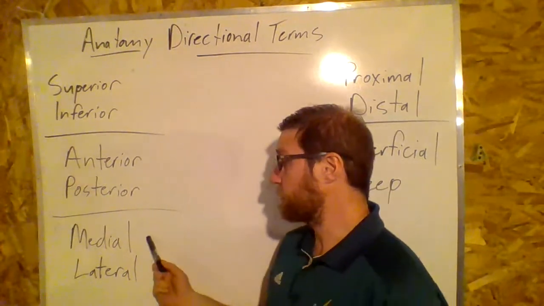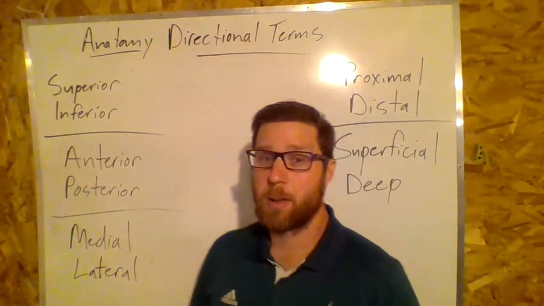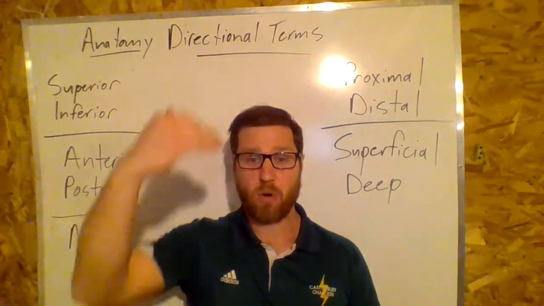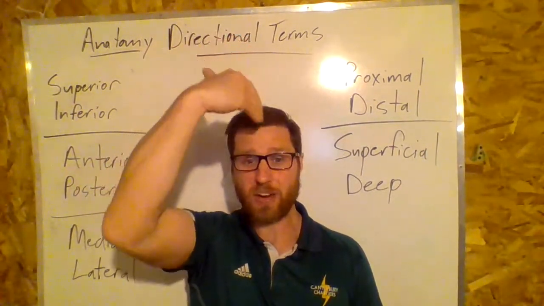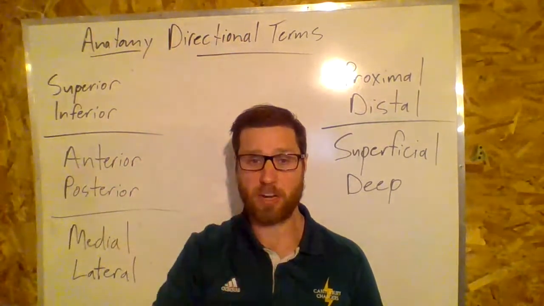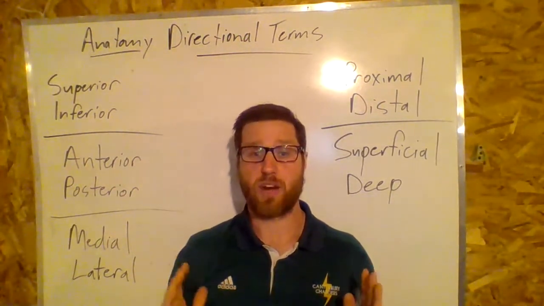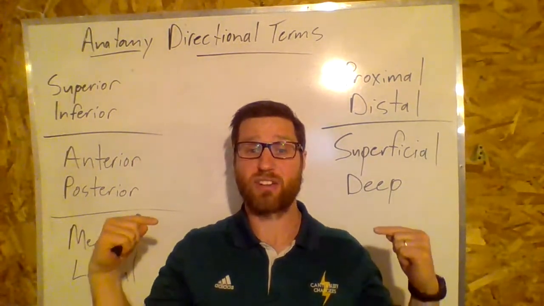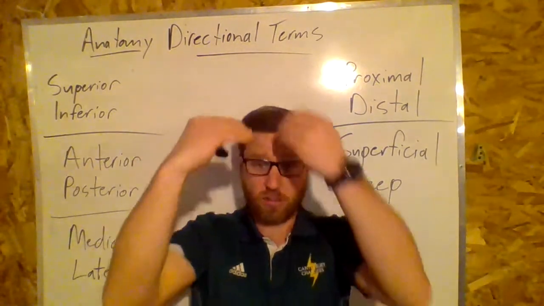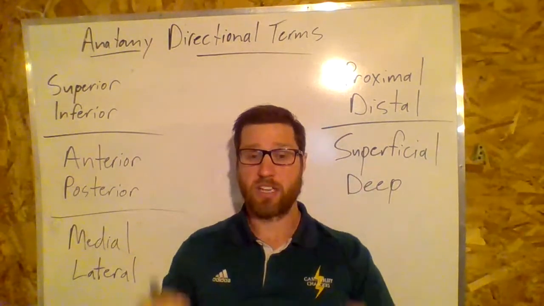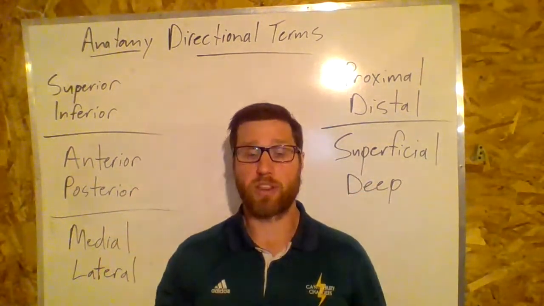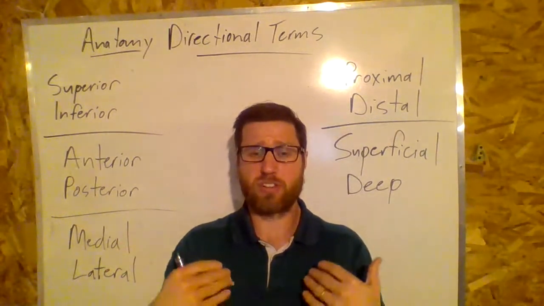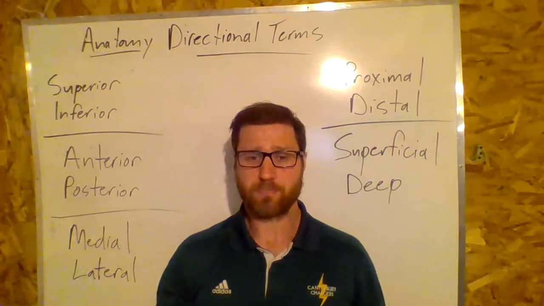Next two terms are medial and lateral. Medial refers to anything closer to the midline. Now, the midline is this imaginary line that we use to separate the body into left and right halves. And medial refers to anything that's closer to the midline or closer to that middle imaginary line going through our body. So that would be medial, closer to the midline.